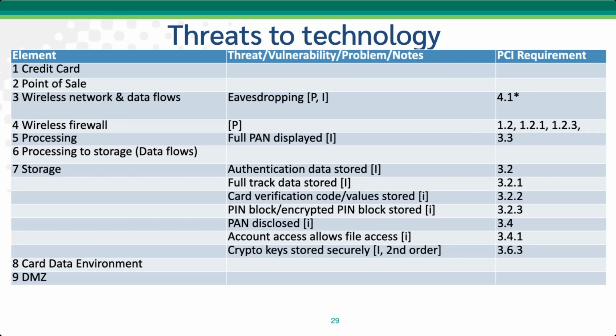Okay. And so some of these are threats, some of these are things that we want to prevent, their information disclosure. And so we can build out a model of what PCI is looking at.